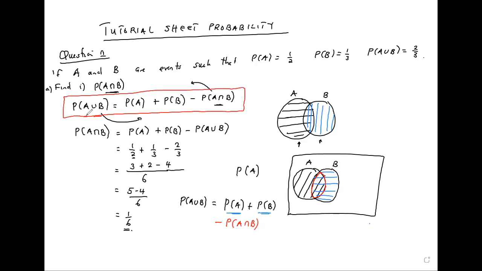Now you can see that we should be told something about A and B in terms of them being disjoint. When you say two sets are disjoint, what do we mean?